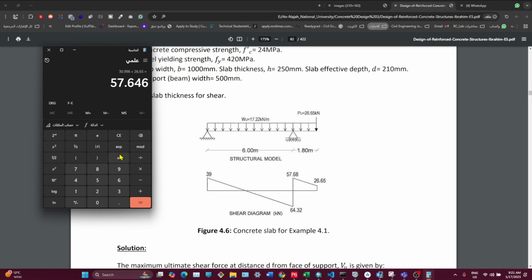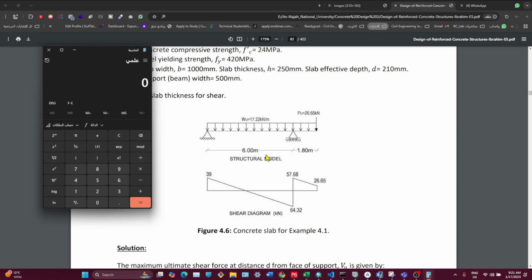And we can assume in this way, we have 17.22 by 6, W ultimate by L over 2. It will not be like this.